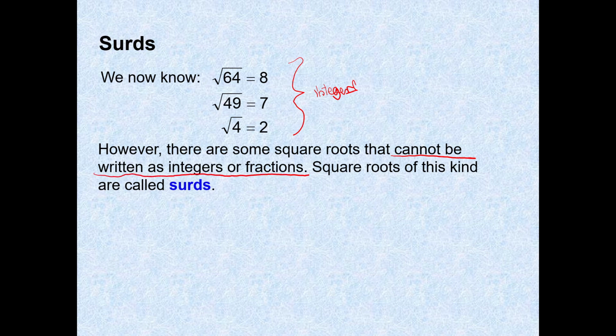Then we can call these square roots surds. So, for example, square root of 2, square root of 3, square root of 5, and square root of 11. They are all surds because we cannot use any integer or fraction to represent them.